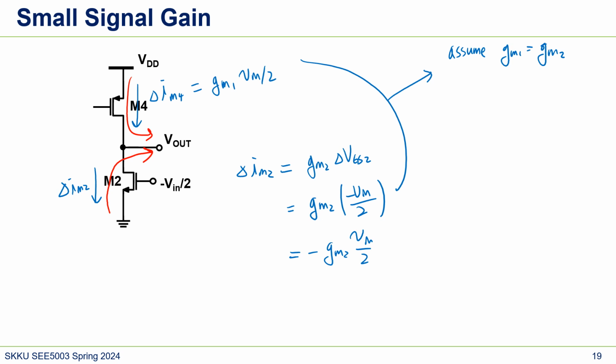So the current to Vout is delta IM4 minus delta IM2, which is GM1 Vin.